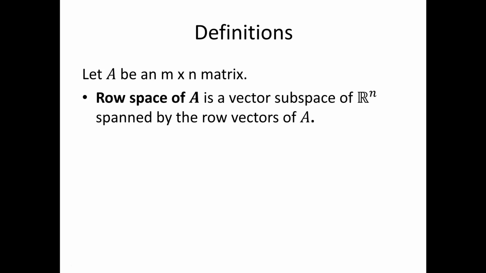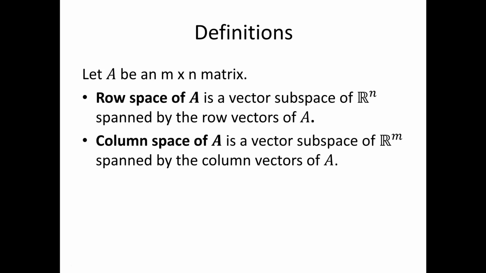Similarly, the column space of A is a vector subspace of Rm spanned by the column vectors of A. So now here is a subspace of Rm that is spanned by those n column vectors.